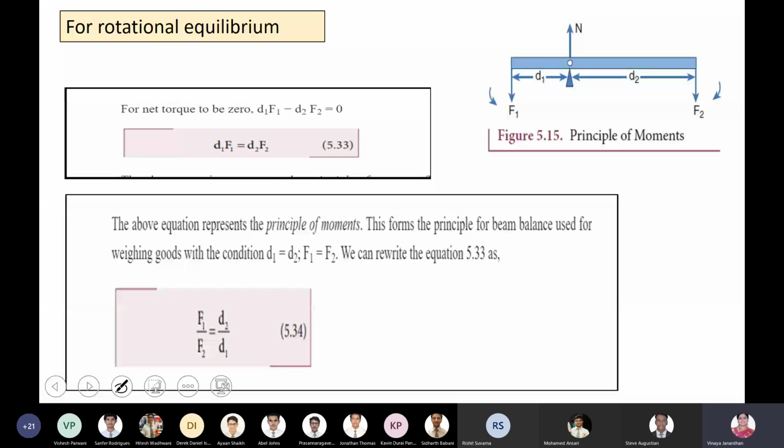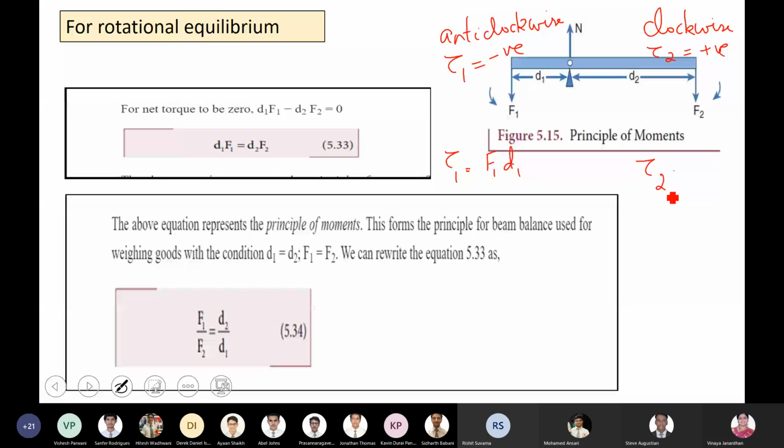Moment of the force. I take tau 1 to be negative, clockwise torque, and tau 2 to be positive, anticlockwise. So tau 1 is equal to F1 D1, tau 2 is equal to F2 D2. So your net torque tau must be equal to tau 1 plus tau 2.